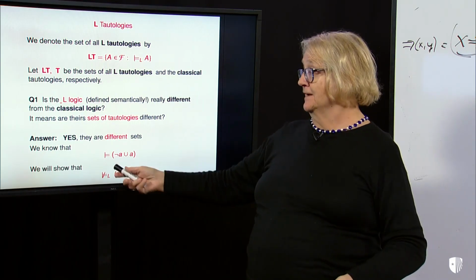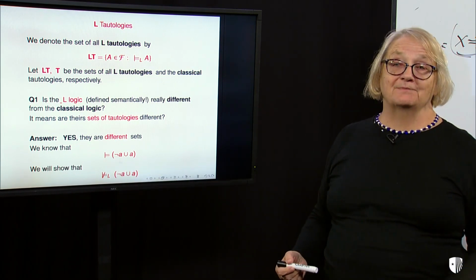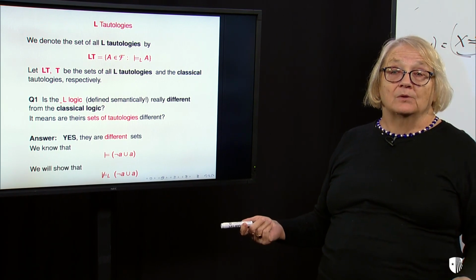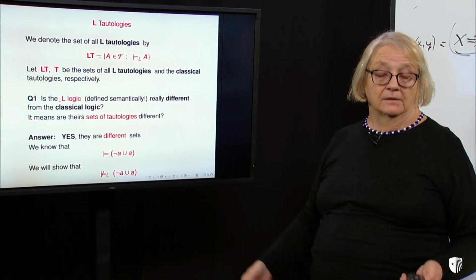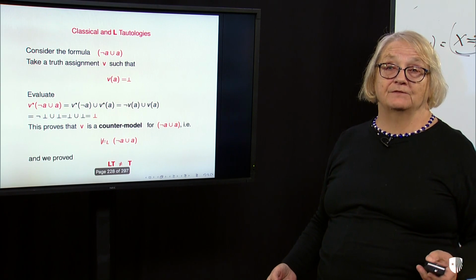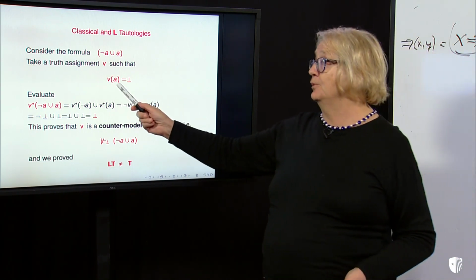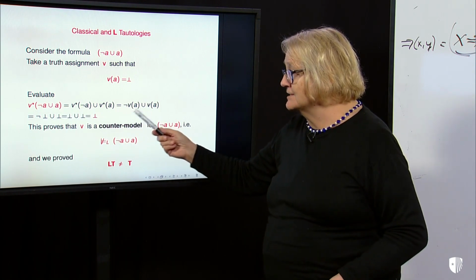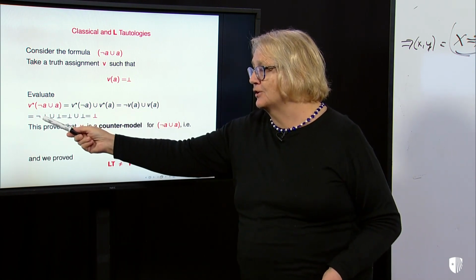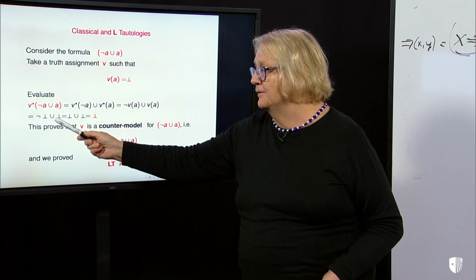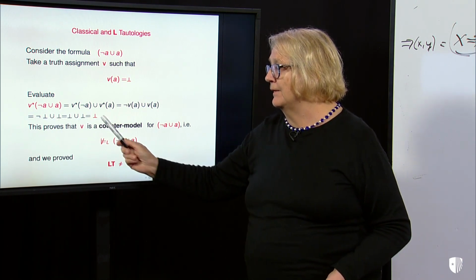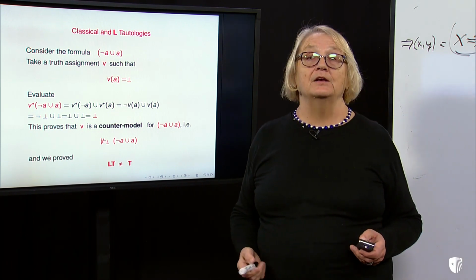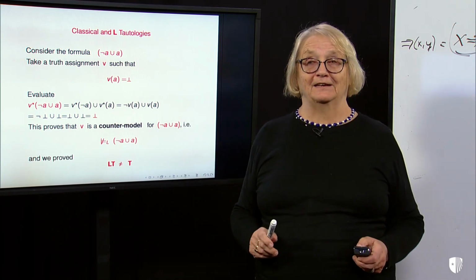Oh, yes. For example, not A or A, excluded middle, does not hold in Łukasiewicz logic. Why? Because if you put A as unknown, here written as v star, this is a shorthand: not unknown or unknown is unknown or unknown, which is unknown. So this is a countermodel. So Łukasiewicz is different from classical, and we got something different than classical logic.